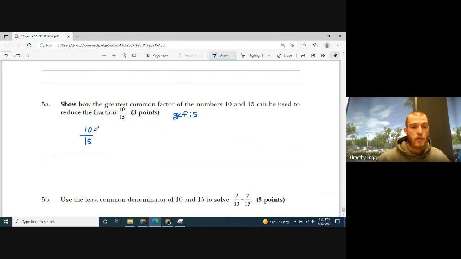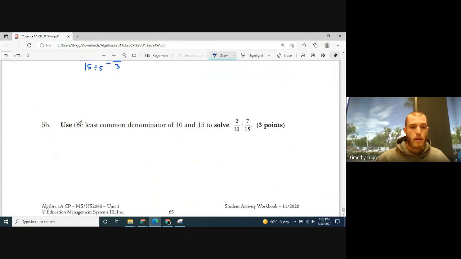So in order to reduce this fraction, you divide them both by the greatest common factor, which in our case is 5. And that gives you a reduced fraction of 2 out of 3. So 10 over 15 is equal to 2 out of 3.